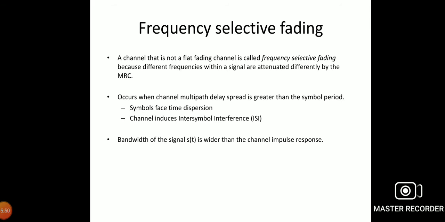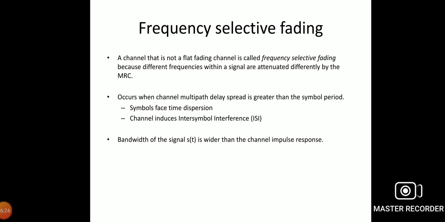Due to this, the received signal consists of multiple attenuated and delayed versions of the transmitted signal, resulting in distortion of the signal. This fading is mainly due to time dispersion of the transmitted symbol within the radio channel. The channel also increases the problem of ISI, that is inter-symbol interference.